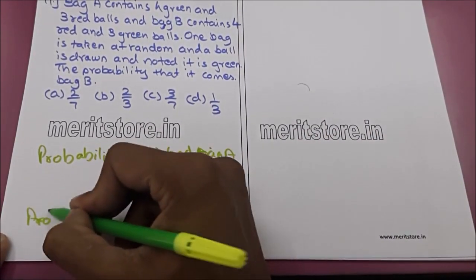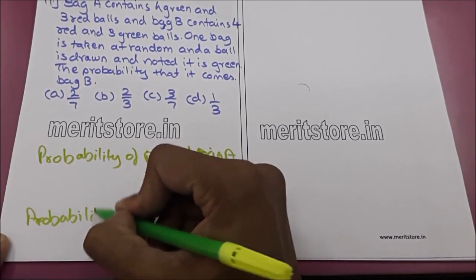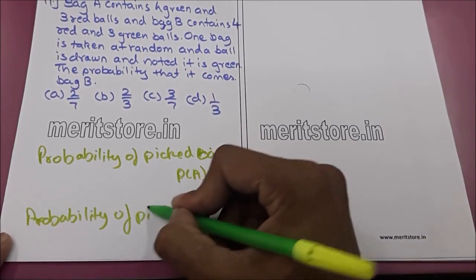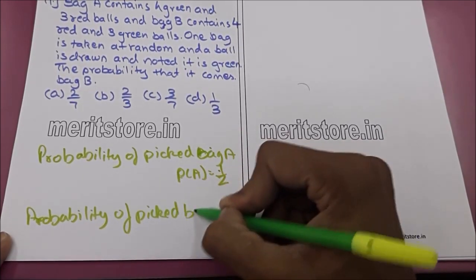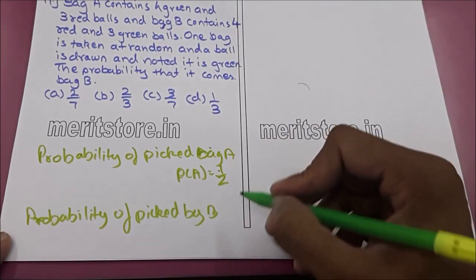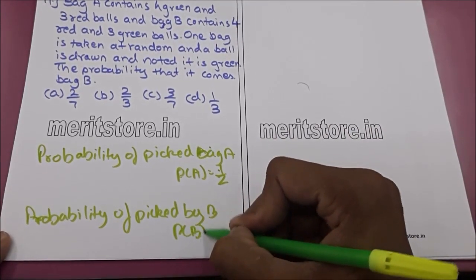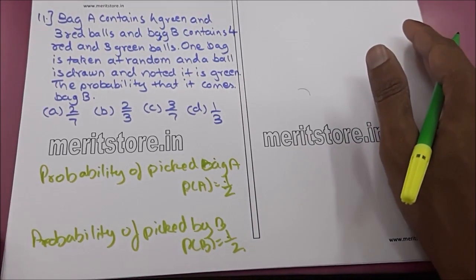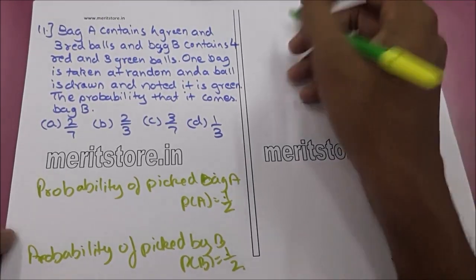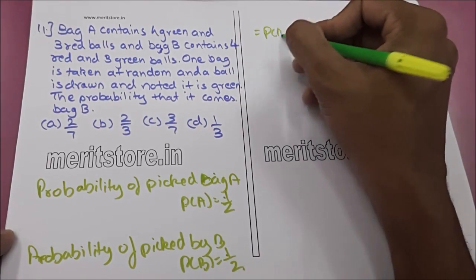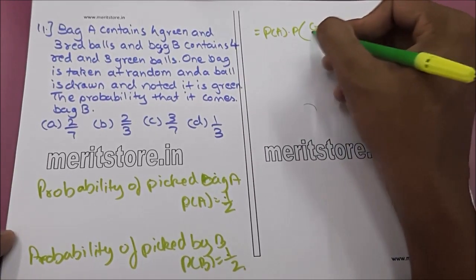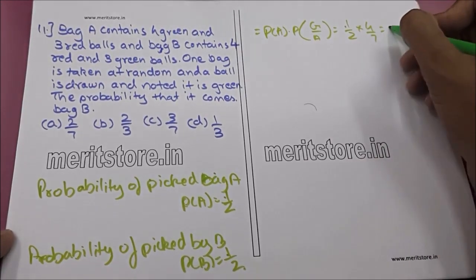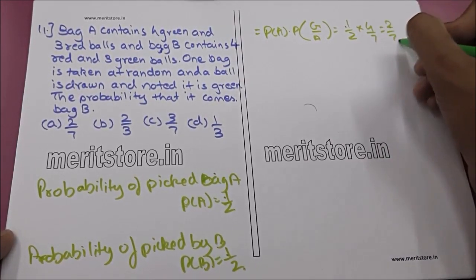Probability of picked bag B, that is probability of B, is equal to 1 by 2. So probability of green ball picked from bag A can be written as P of A into P of G upon A, equal to 1 by 2 into 4 by 7. Substituting the values, we get 2 by 7.